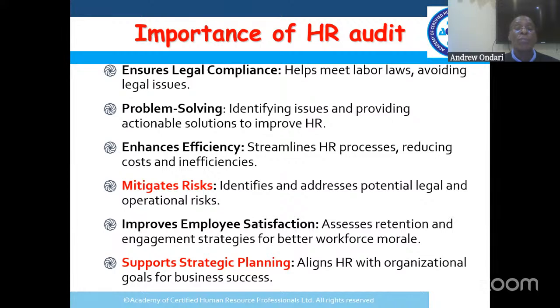So the moment we have ineffective and inefficient systems and processes in our HR function, then we are exposed to risks. Risks in employee turnover, risks in poor employer brand, risks in loss of money, risks in loss of customers. And all these affect the bottom line of the organization.